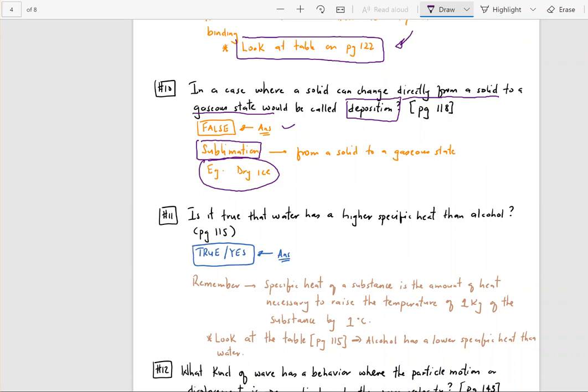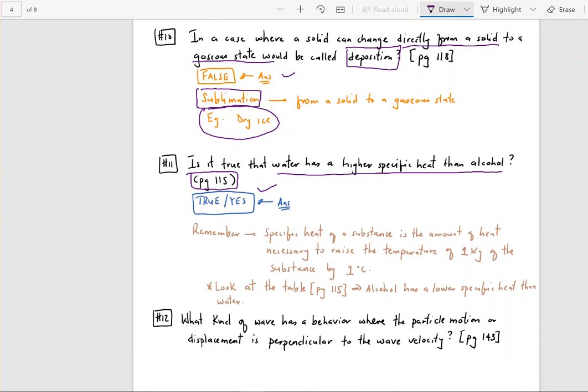Is it true that water has a higher specific heat than alcohol? And the answer is true. Again, if you go to page 115, you'll find more information in that table that itemizes the actual specific heat of different substances. Always keep in mind that when we're talking about specific heat, we're talking about the amount of heat that's necessary to raise the temperature of 1 kilogram of substance, the mass, by 1 degree Celsius.